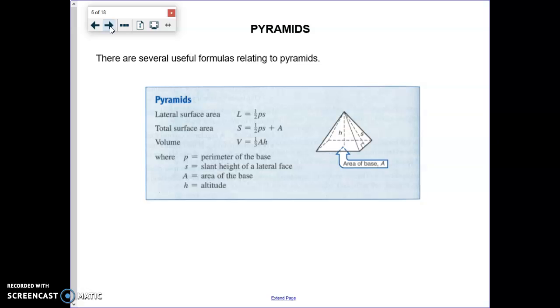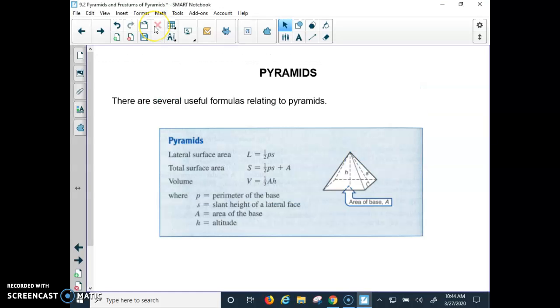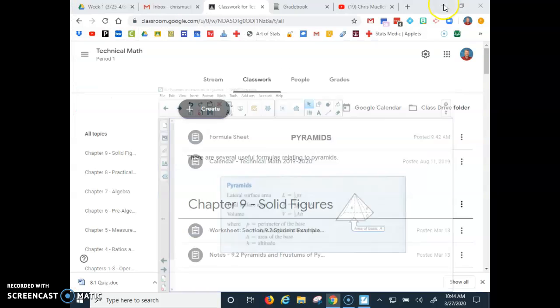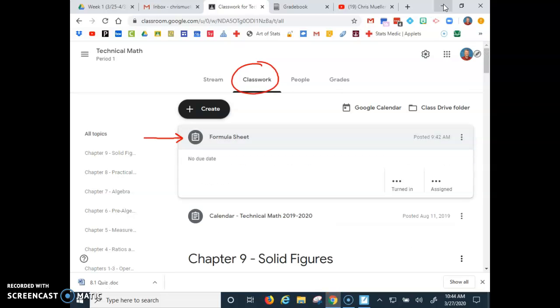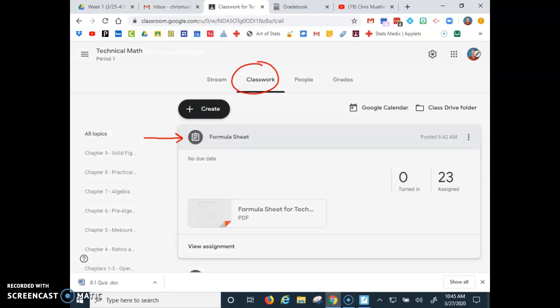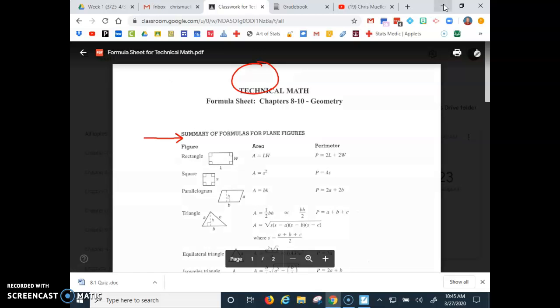By the way, these formulas are on your formula sheet, and I'll show you this in a second. If you do not have your formula sheet with you, on your Google page, ladies and gentlemen, go to classwork, don't go to stream, go to classwork, and at the top is the formula sheet. If you just click on that, there is your formula sheet, just like the one you have.